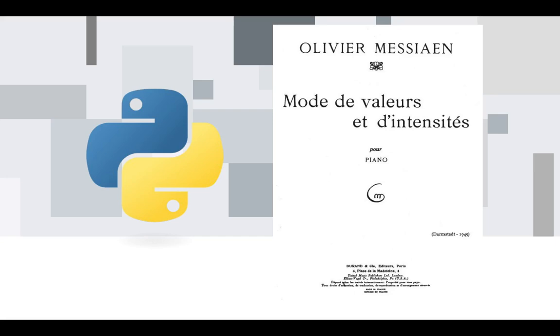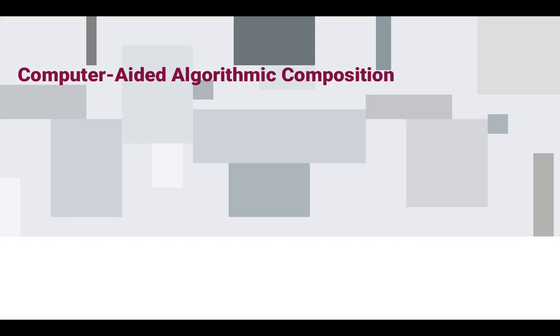To answer these questions, let's first consider the question, what is algorithmic composition? In general terms, we can define algorithmic music as music where decisions regarding its development strictly follow a set of predefined patterns and rules.